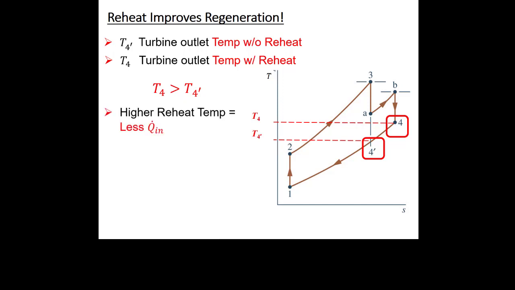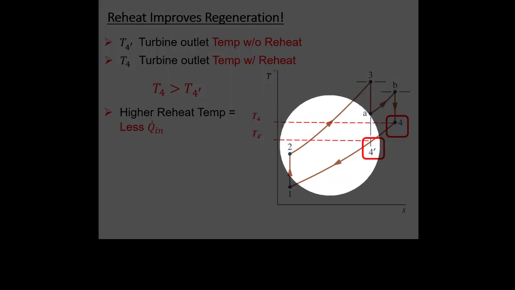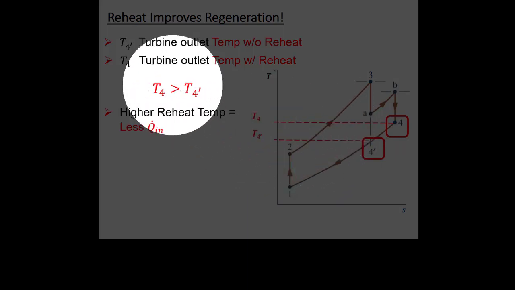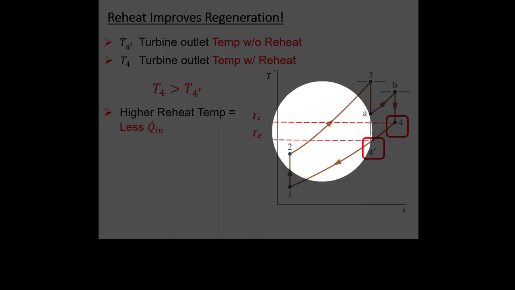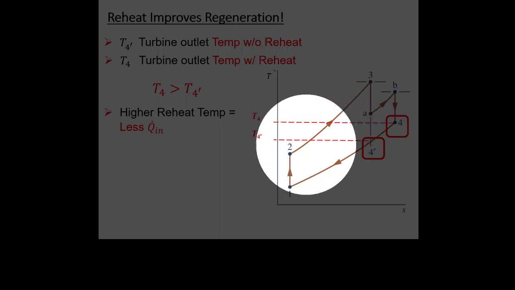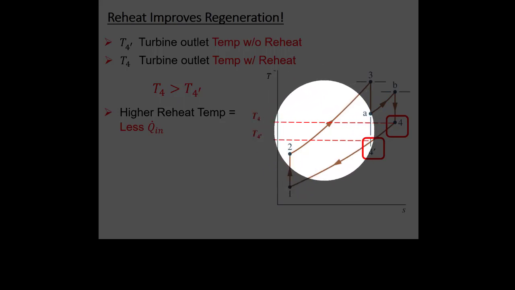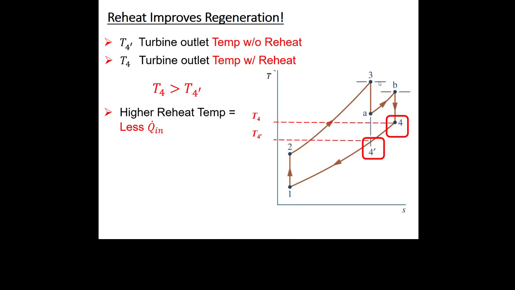So without reheat, we put less heat in to the cold side. With reheat, we can preheat the fluid more, assuming our regenerative efficiency stays consistent, which means we add less heat as we move from state 8, or X, I guess we were calling it before, somewhere in here. So we're putting less heat in from the first combustor.